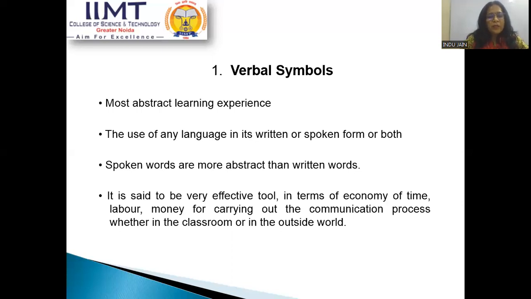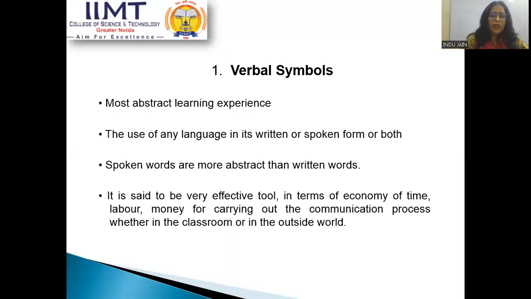These verbal symbols are more abstract learning experiences, meaning the most indirect learning experiences. Such type of learning is not very firm, not very deep, and the retention power through these types of symbols is also not very well developed.